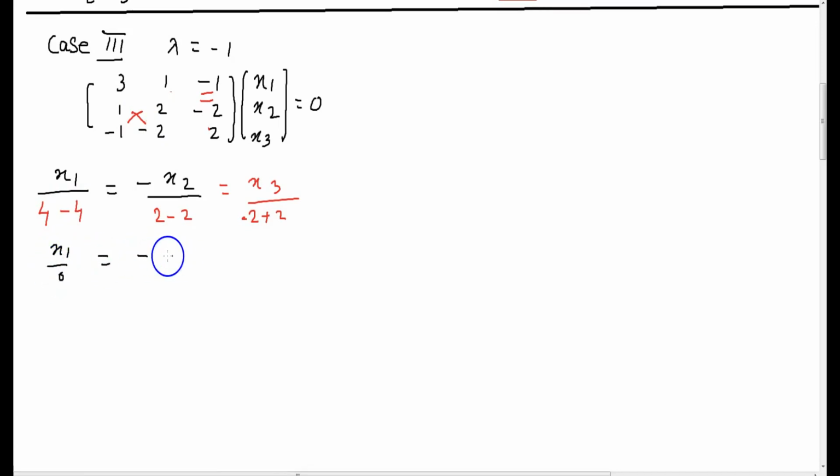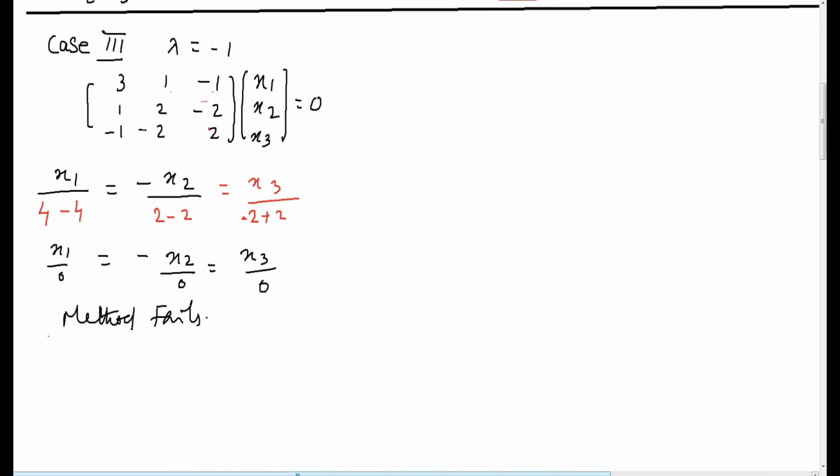That gives x1 by 0, x2 by 0, x3 by 0. This method fails because all the elements in the denominator are 0. Since the second and third row are identical, the method fails.